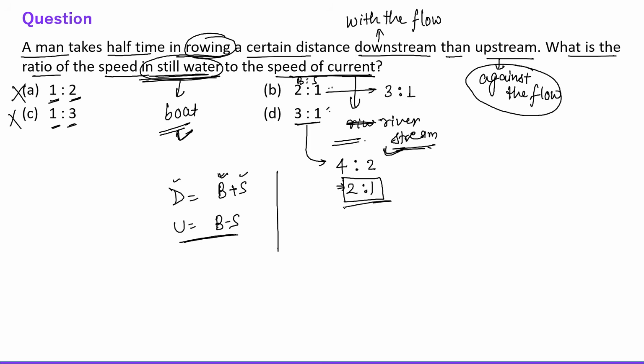So here the speeds are in the ratio 2:1. Then obviously the times will be in the ratio 1:2, right? Because speed and time are inversely proportional to each other.